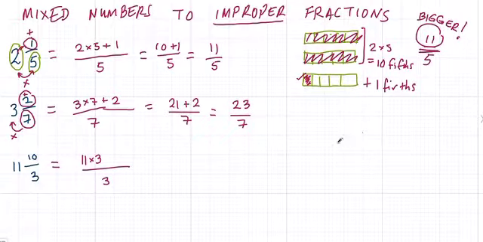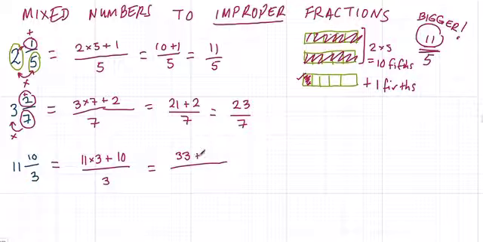So we've actually got 33 thirds, plus you've got another 10 thirds. So it works the same way. 33 plus 10 over 3. So that would be 43 thirds.